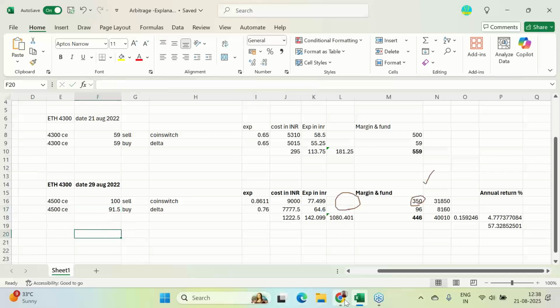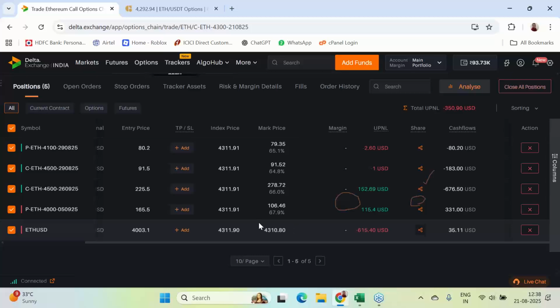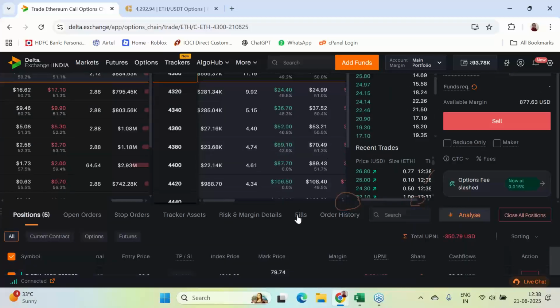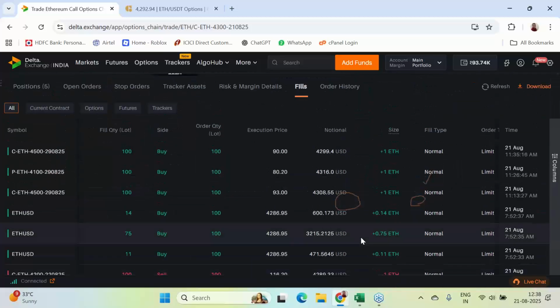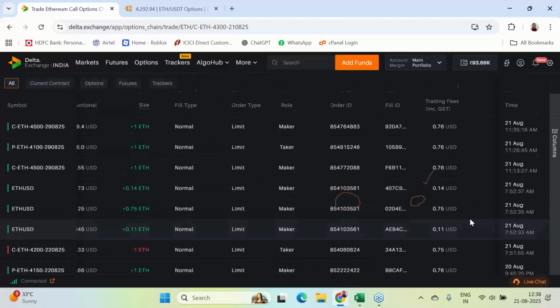I'll see the expenses also. If I go to the fill history, I can see I have entered twice. Here once 93 and once 91.5 has come. It is just a simple trade.